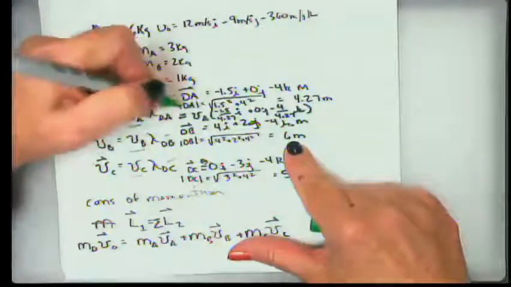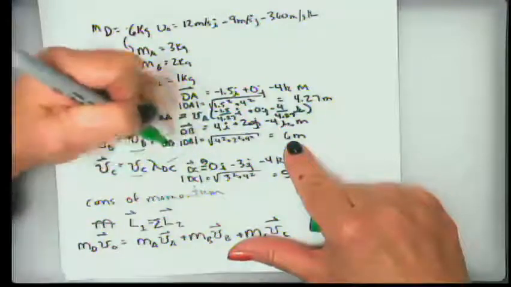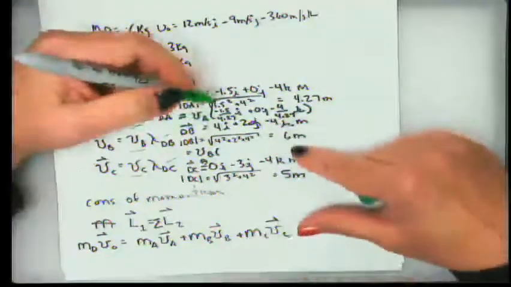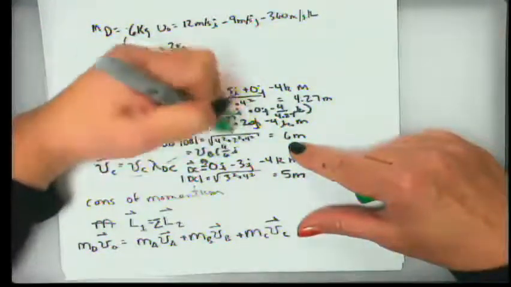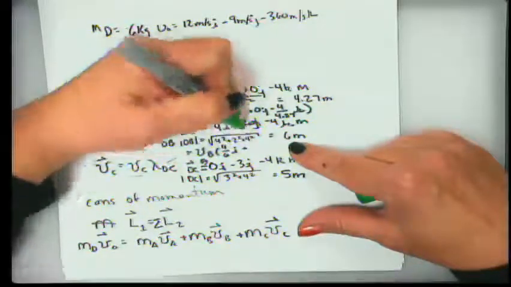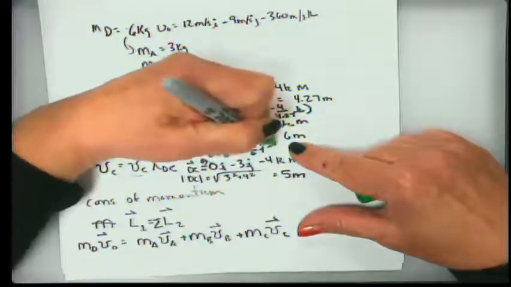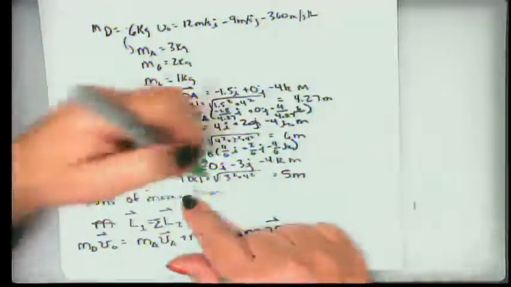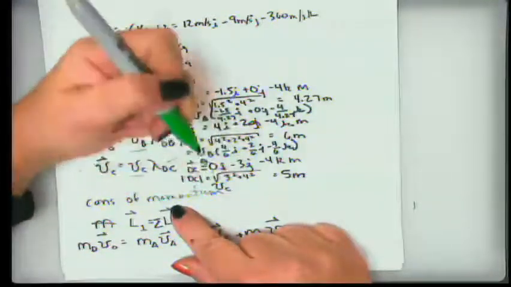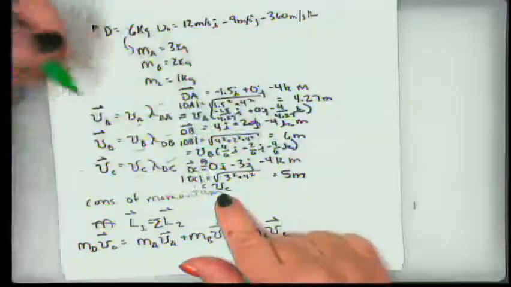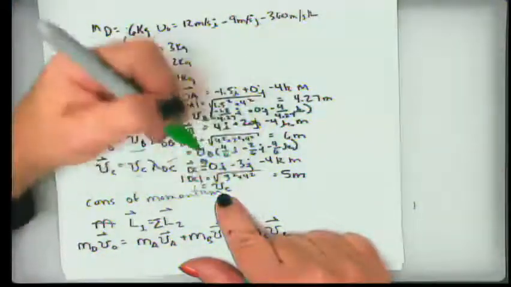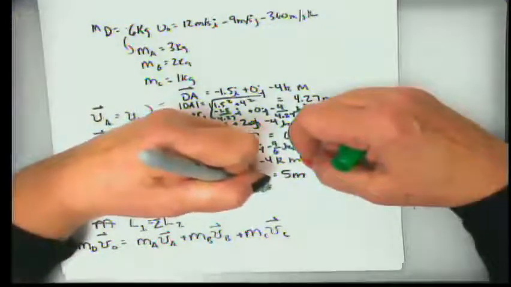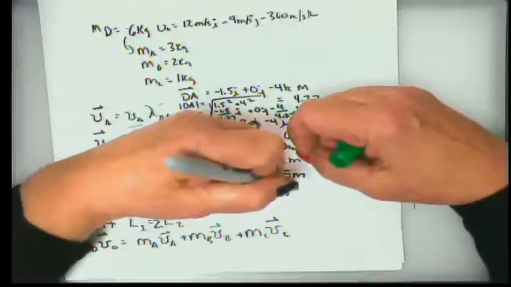And vB as a vector is equal to the magnitude of vB times 4 over 6 i plus 2 over 6 j minus 4 over 6 k. And then my velocity of C as a vector is the magnitude of velocity of C times the unit vector 0 i minus 3 over 5 j minus 4 over 5 k.